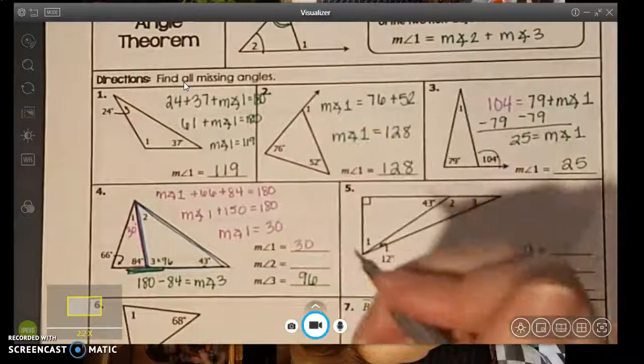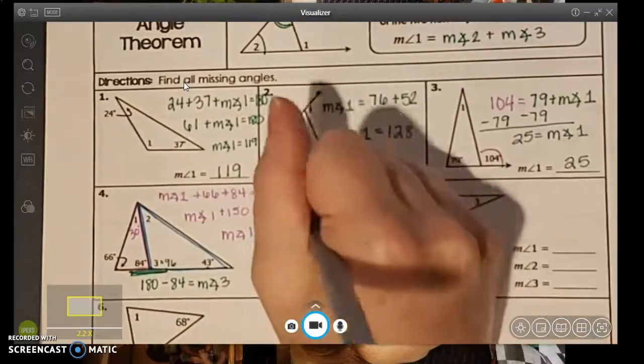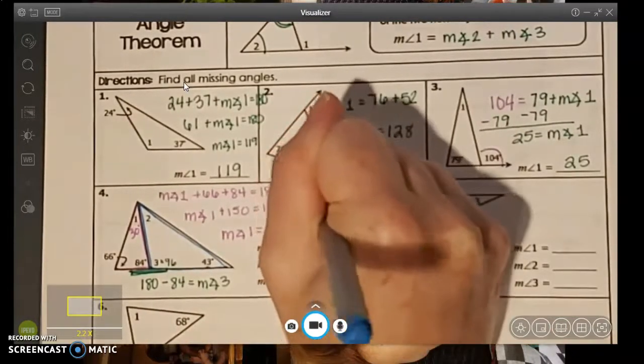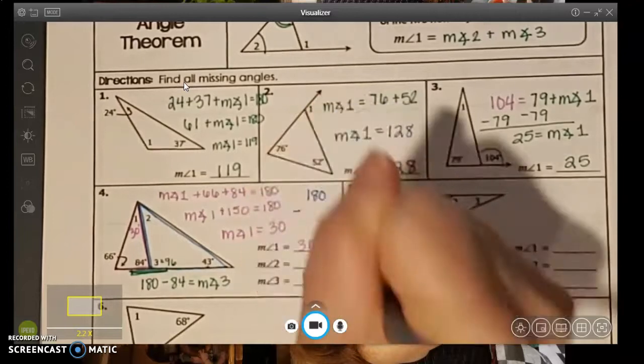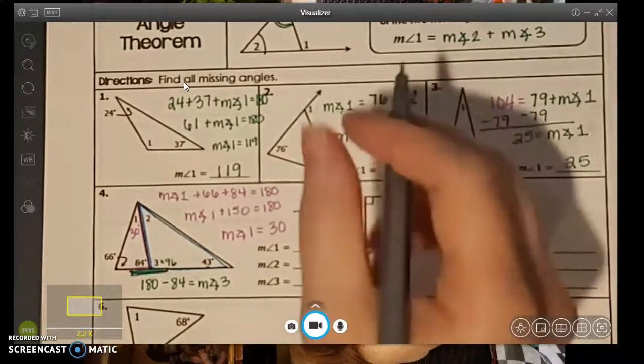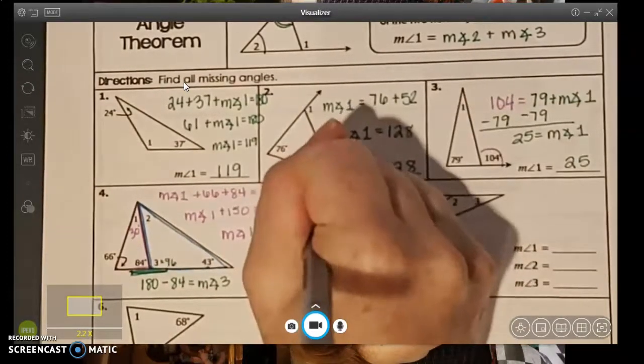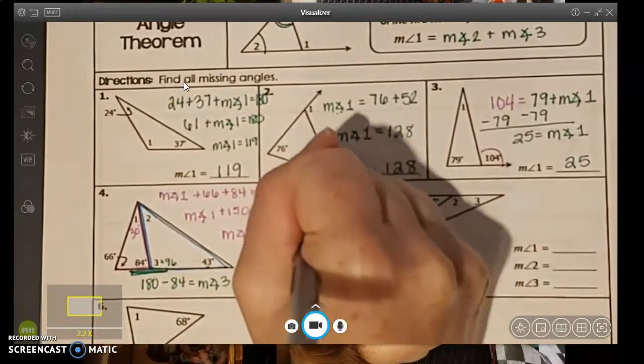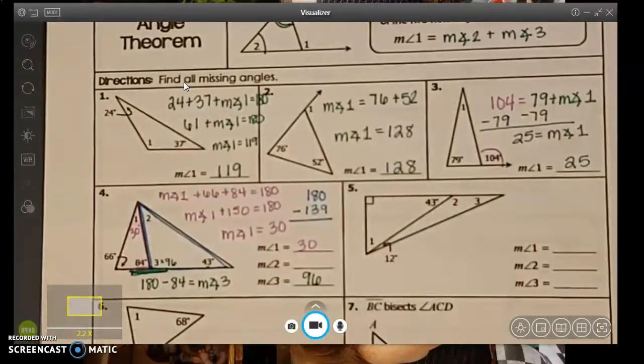So I'm going to do 180 minus the sum of 96 and 43. And 96 plus 43 is equal to 139. If you do 180 minus 139, you should get 41.